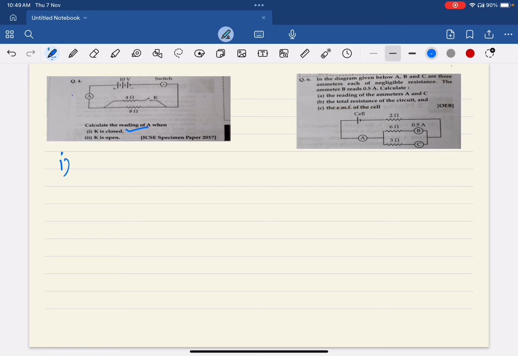So let us now look at the first part when K is closed. The 4 ohm and 8 ohm resistors are connected in parallel. How do we find the effective resistance of two resistors in parallel? Rp is equal to R1 times R2 by R1 plus R2.